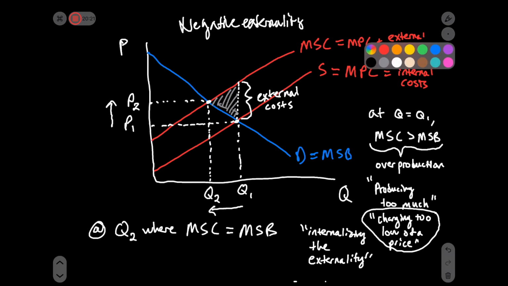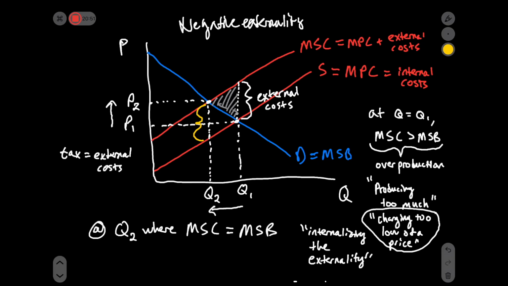But essentially, for the Pigovian tax to be effective, the amount of the tax has to equal the external costs, at least when our supply function and our marginal social cost function are these nice parallel lines. Because now I can see, maybe I'll use a different color, in yellow, this distance here, while they're two parallel lines, is the same, and maybe this would be the tax. This is the same amount as the external costs here.